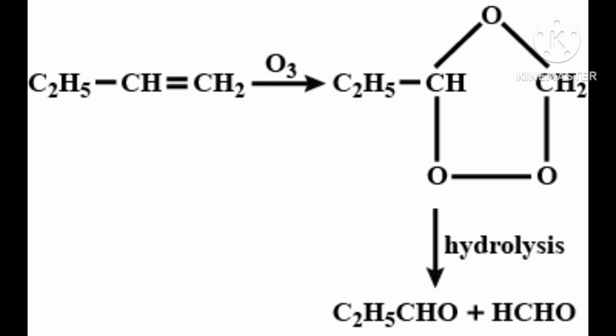Now you can say both carbons are joined via oxygen, not directly. C is joined with O and O is joined with carbon.